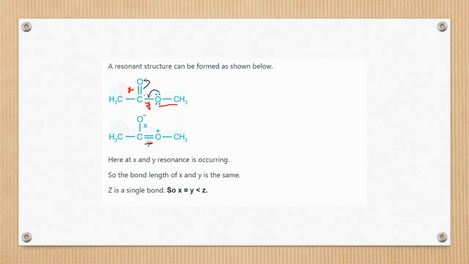So the same concept lies here. If you are arriving at a partial double bond character at this position and this position, then the X and Y bonds should be smaller than the OCH3 bond, that is the Z bond. Because now you have a single bond, that is the Z bond, and a partial double bond character is arising between X and Y. So X and Y bonds are equal to each other, but the Z bond is larger than X and Y, because the length of the double bond is smaller than the single bond.